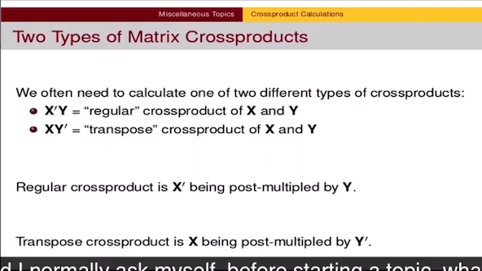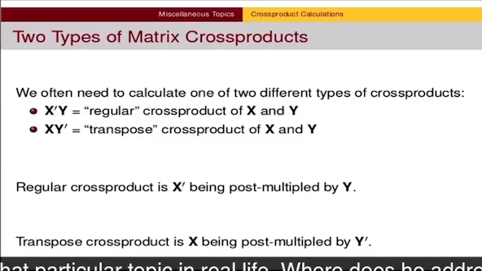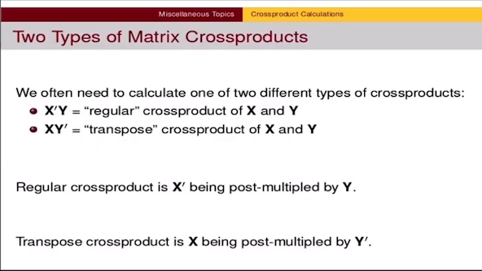I normally ask myself before starting a topic, what is the essence or significance of that particular topic in real life? What does it address in real life? Why are we doing it? If I can understand the reason why we're doing it, then I'm going to be fine.